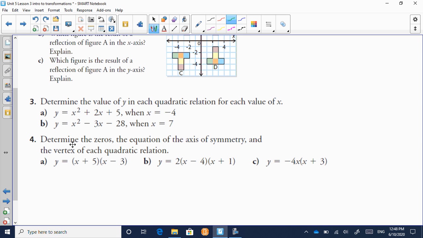Number 4 gets you to practice solving for zeros. So we've done that in Unit 4. So what would your zeros be here? Well, in this case, your zeros would be x equal to -5 and x equal to 3. It's whatever value of x would make that bracket 0. Okay, so that's what you're doing in that question.